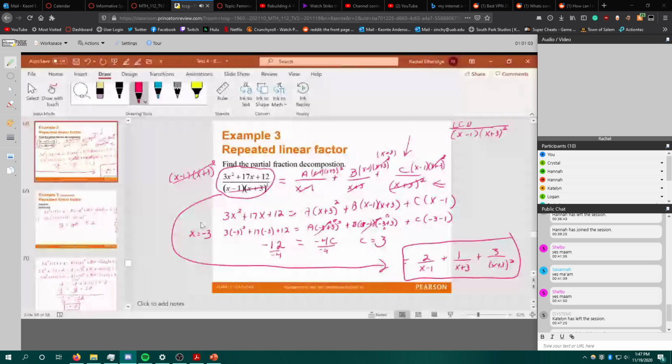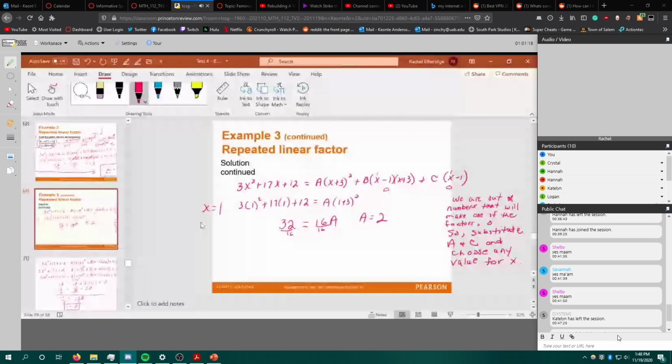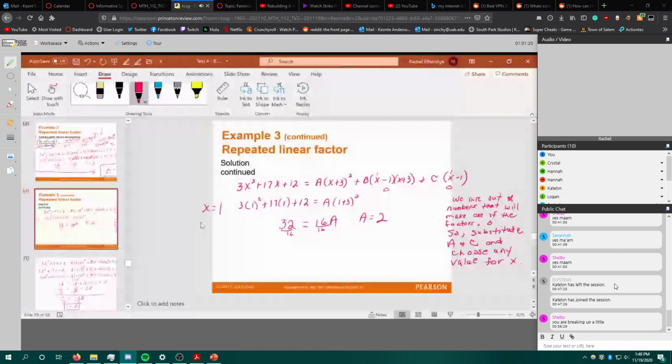I let X equal -3 and it got rid of 2 of my terms and I solved for C. And then I picked X equal 1, just the normal way, and it eliminated the B and the C terms. So I solved for A.